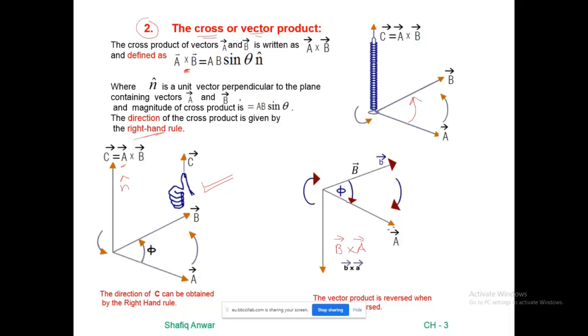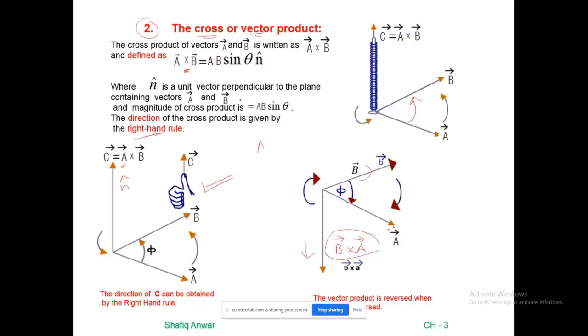But here, if you have B cross A, the first vector is B, so move your forefingers from B to A. So the resultant direction is down. This is the difference.